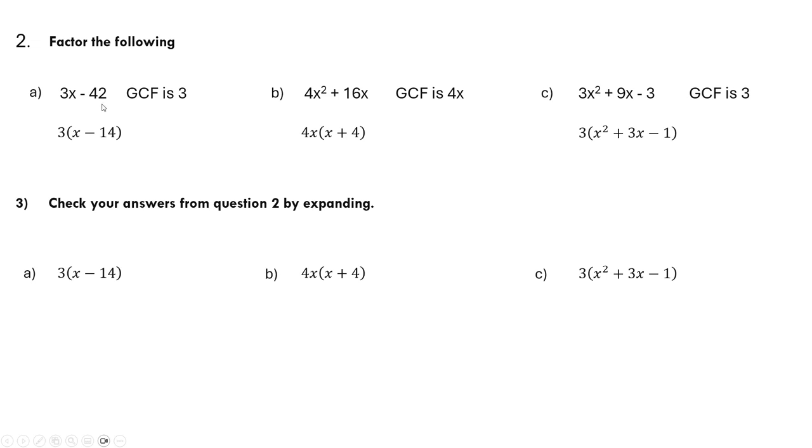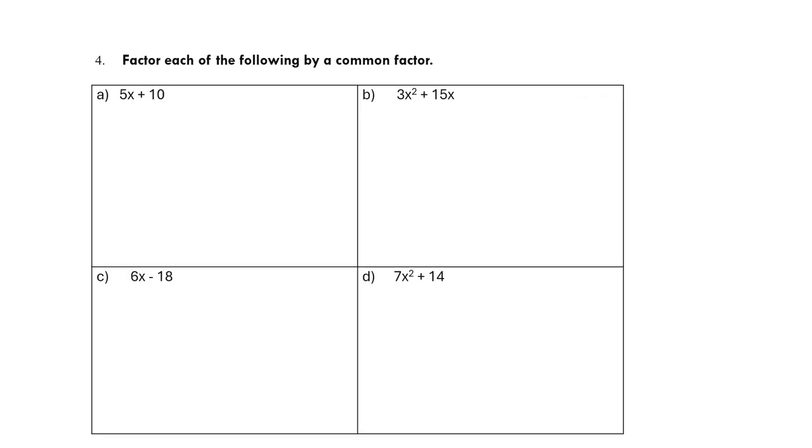And this will be the case for each one of these questions, A, B, and C. Sure enough, this expanded equals 3x minus 42, which is the same as our starting value here. This one becomes the same as our starting value here, and our answer here becomes the same as our starting value here.